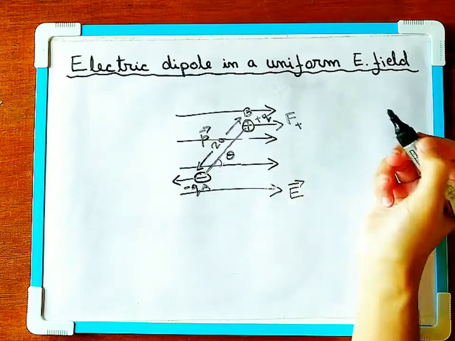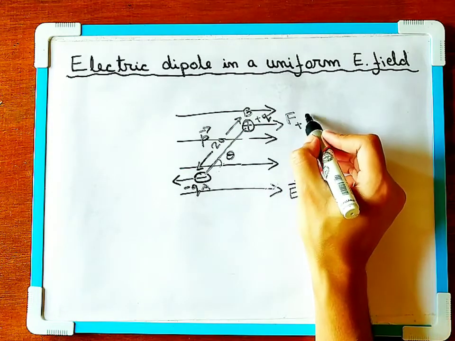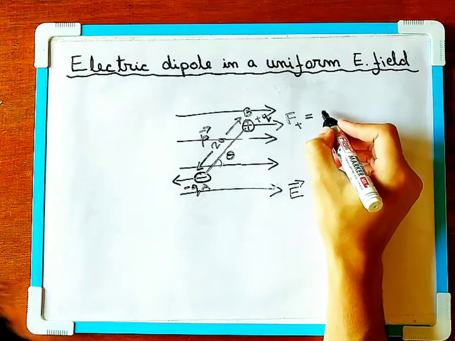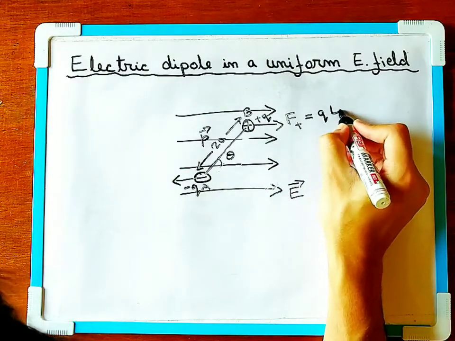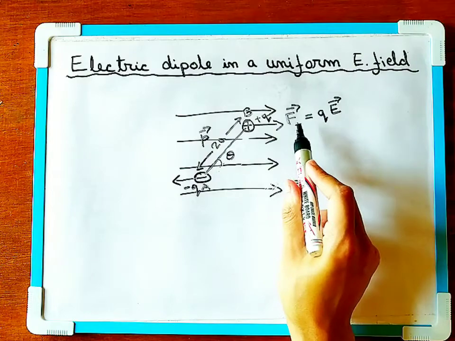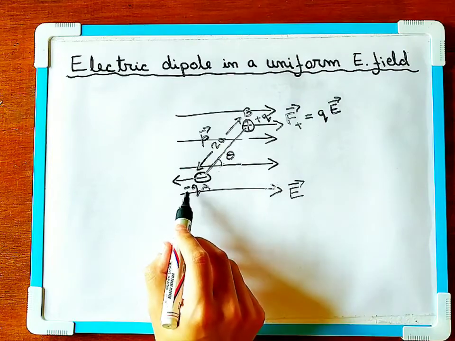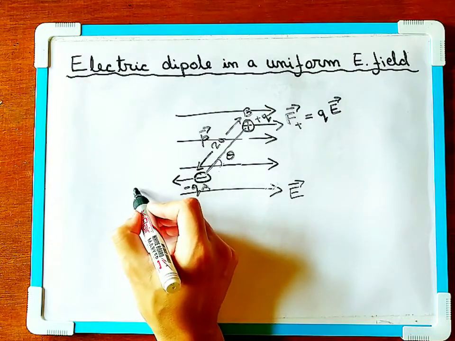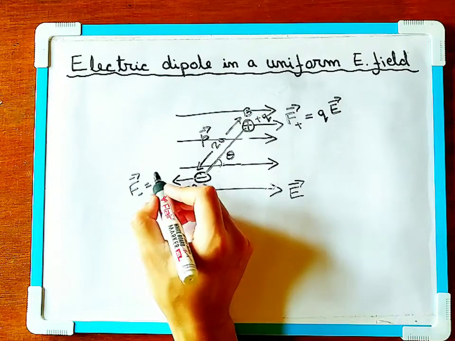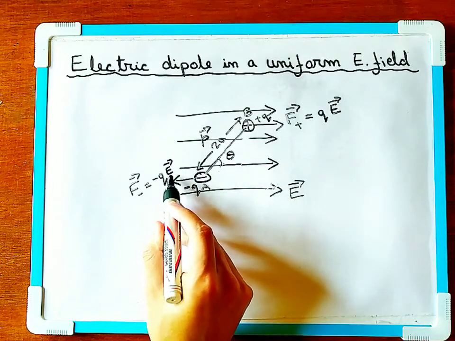Now the force experienced by these two charges: the force experienced by the positive charge is F plus, which is equal to QE. In vector form, the force experienced by the positive charge is equal to Q E vector, and the force experienced by the negative charge, F minus, is equal to minus Q E. Minus here because this is in the opposite direction of the electric field.